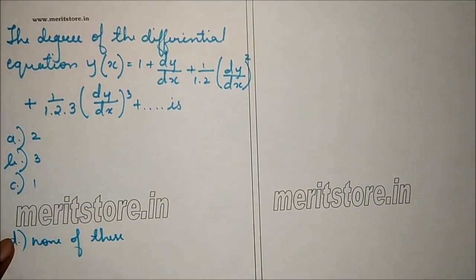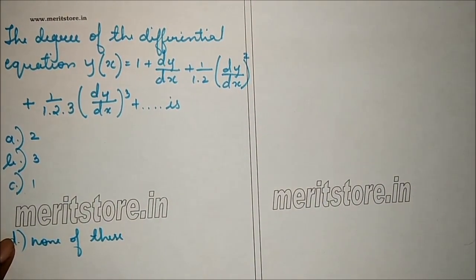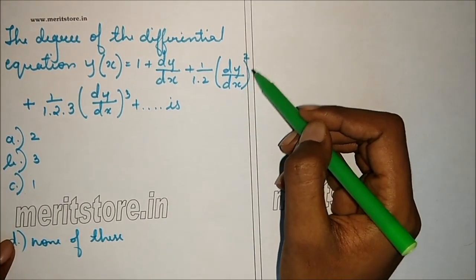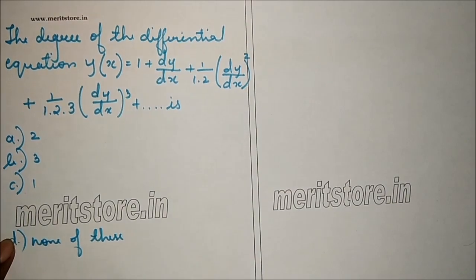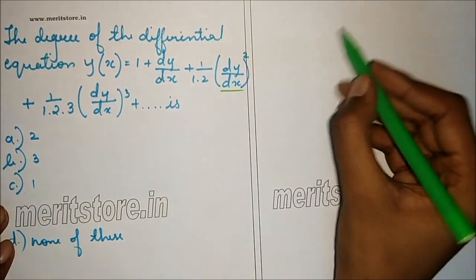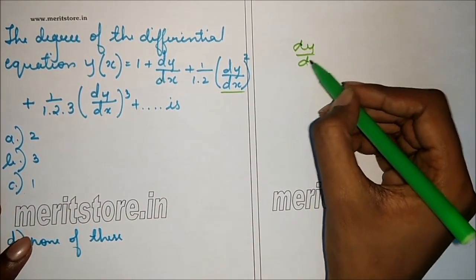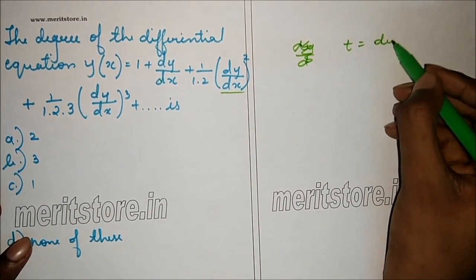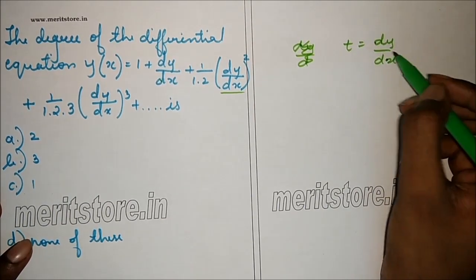The degree of the differential equation y(x) = 1 + dy/dx + (1/(1·2))(dy/dx)², and so on. So we are supposed to find the degree of this equation. Since dy/dx is repeated, we'll substitute t = dy/dx.